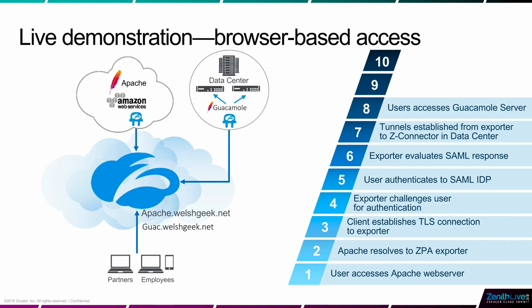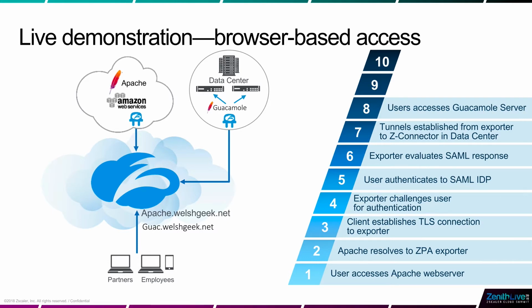What I'm then going to do is I'm also going to advertise, and I'm going to access an application in my data center. This is a Guacamole server, and the Guacamole server is an appliance that's running on top of a standard Linux virtual machine in my data center, but it's doing a couple of things for me.